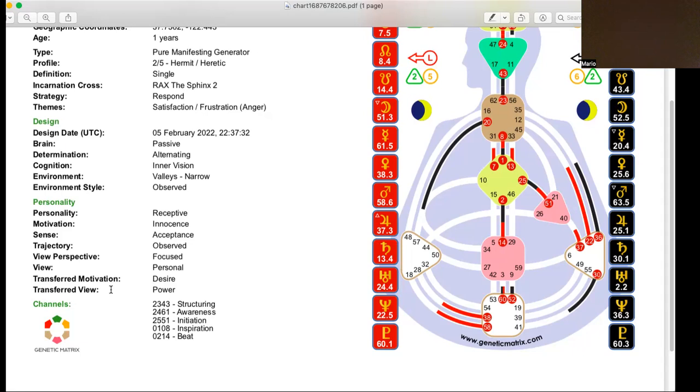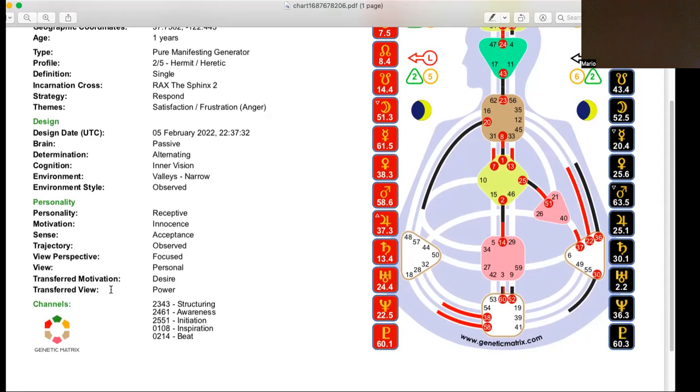I'm not going to get into all of these today, but I will get into them next time, as they're very interesting, representing the energies that we're moving towards in this lifetime and the energies we're moving away from.